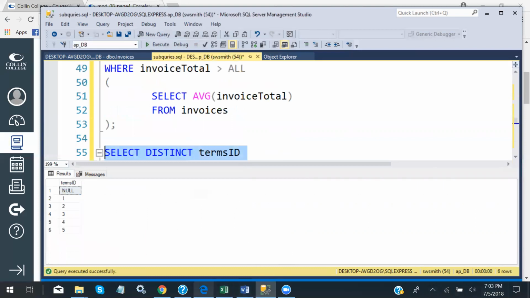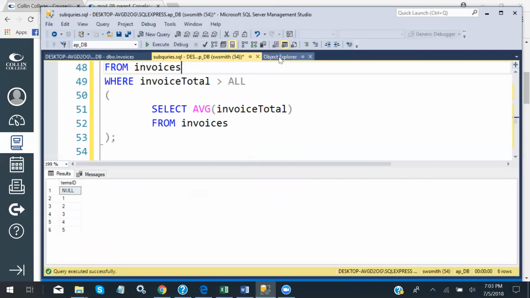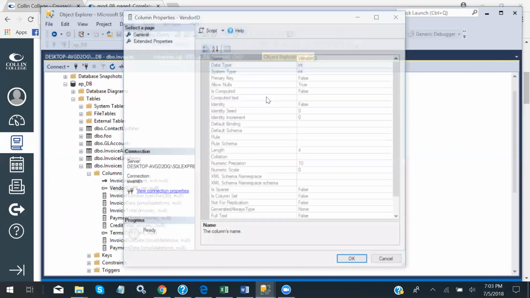What else can I have in here? Okay, vendor ID.